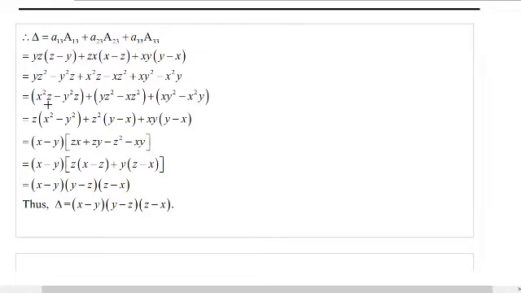Now, x square z and y square z we are taking together, so that we can take z common from these 2 elements, right? Similarly, yz square and xz square I am taking together, so that I can take z square common from them, and xy square and x square y I am taking together, so that I can take xy common from them.